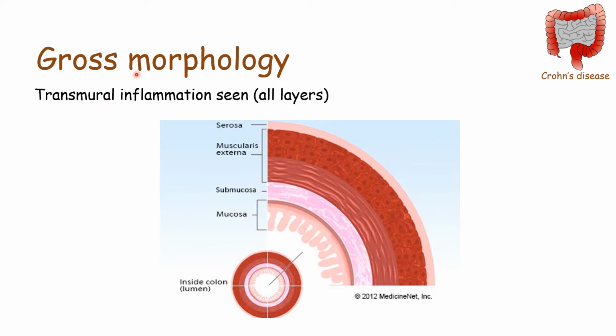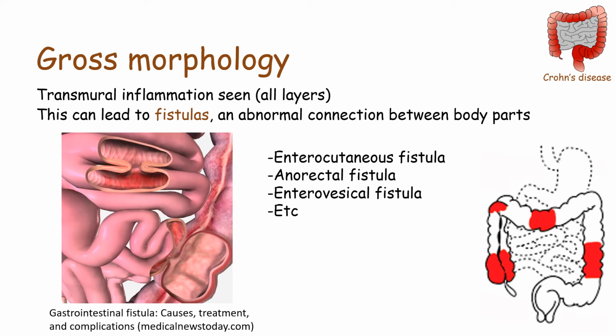In terms of gross morphology, we will have transmural inflammation, meaning all the layers of the colon will be affected by Crohn's disease. So this is important. Transmural inflammation can lead to fistulas. So a fistula is an abnormal connection between body parts.